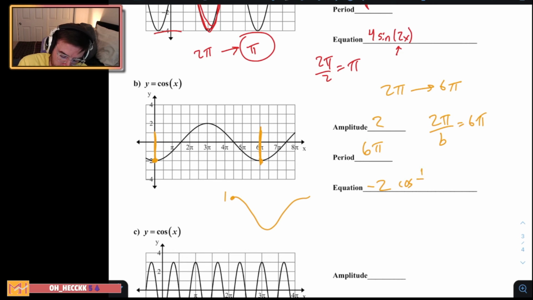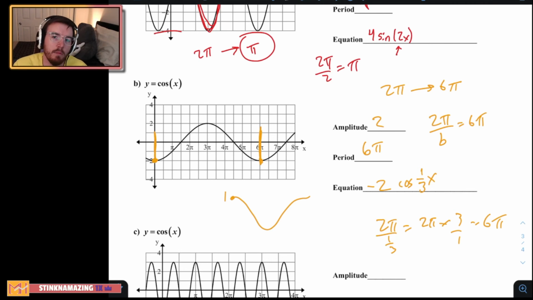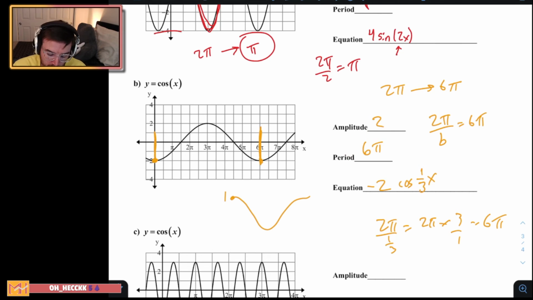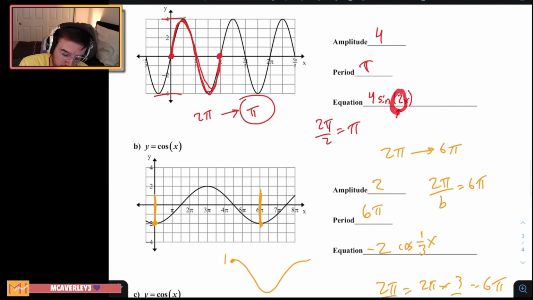Because when you divide by a fraction, you're multiplying by its reciprocal. 2 pi divided by 1/3 is 2 pi times 3/1, giving us that 6 pi. Okay? So your period gets longer as this b value gets smaller. As this b value gets smaller, your period gets bigger. As this b value gets bigger, your period is getting smaller.